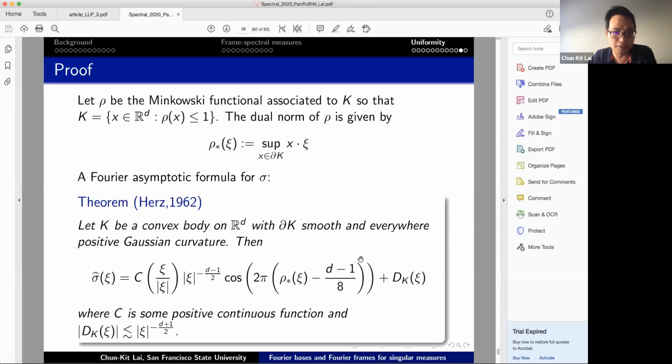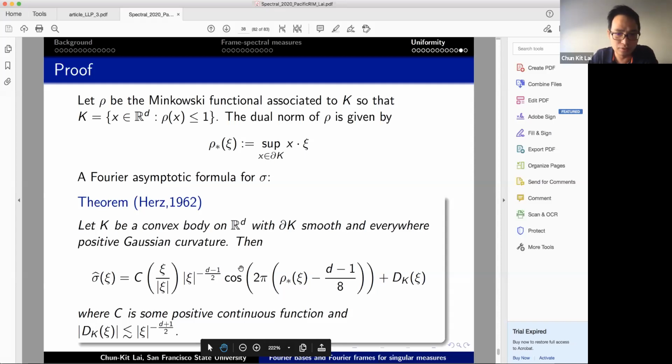The reason is that if you go back to the asymptotics of the surface measure, you move your decay term to the other side. So it's essentially just a cosine, and this lower order term you can forget.